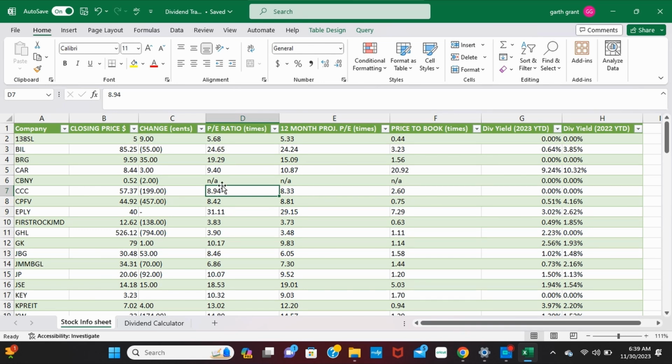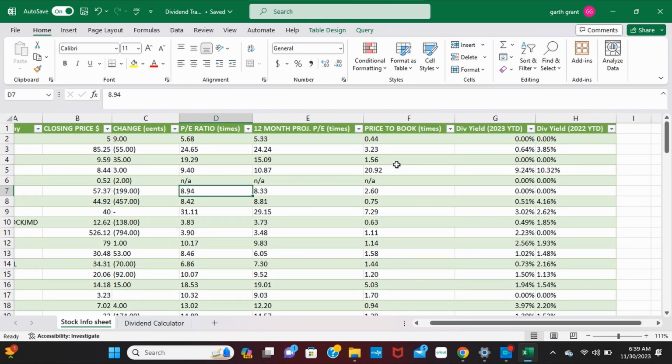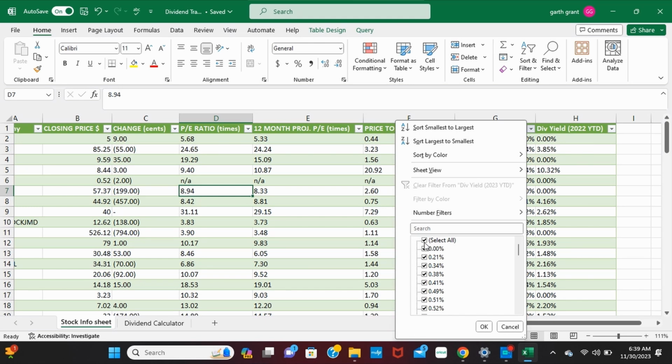The main reason why I use this is to get a gauge as to which stocks pay the most dividends, so you can zero in on those.